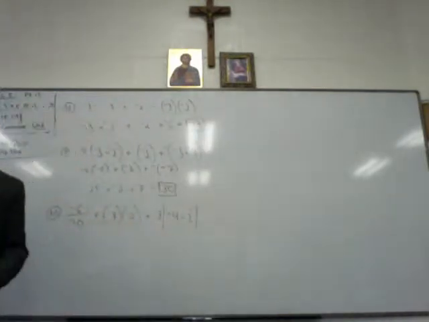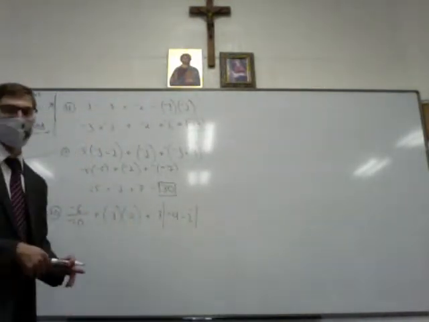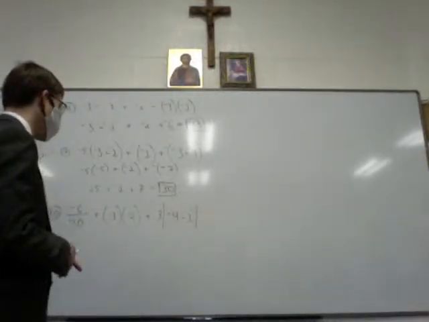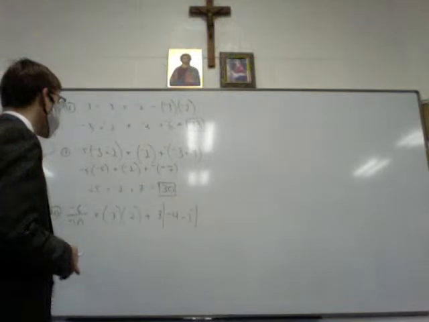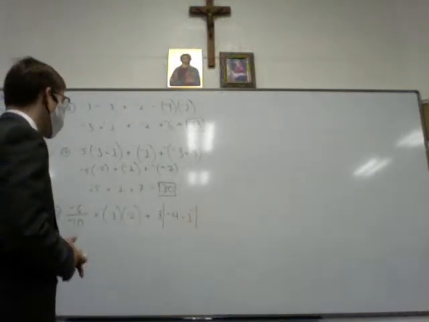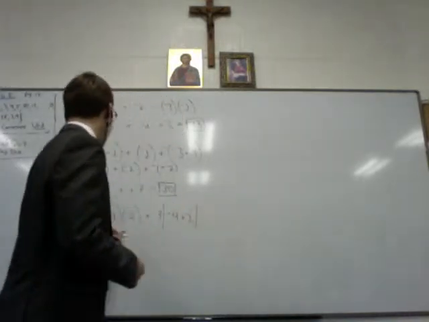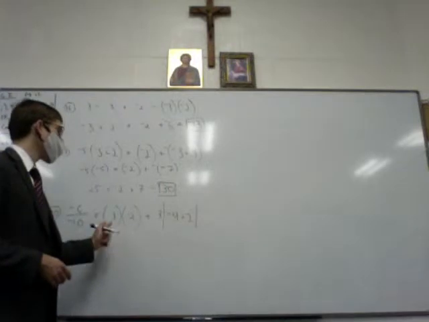Order of operations tells me to do parentheses first. Be careful: negative 3 times negative 2 is multiplication.